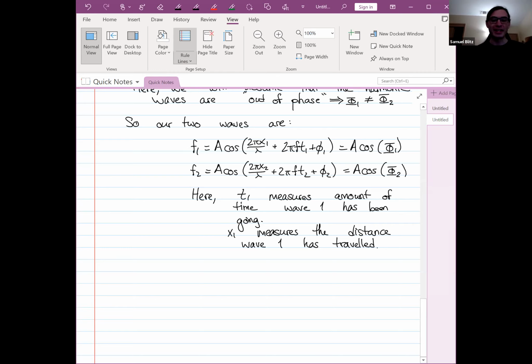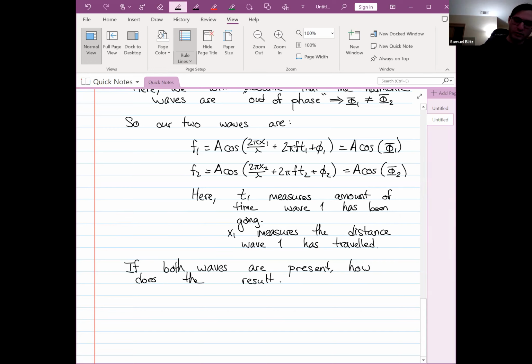So the question then is, if both waves are present, how does the resulting superposition affect the intensity of the observed disturbance?